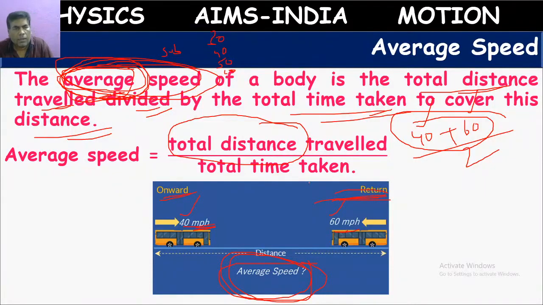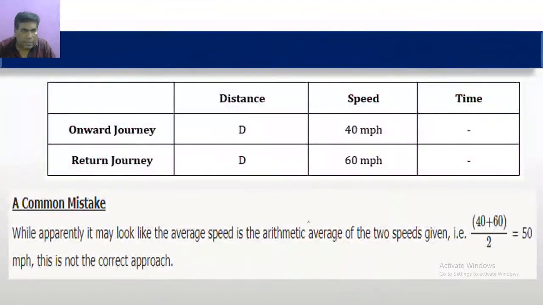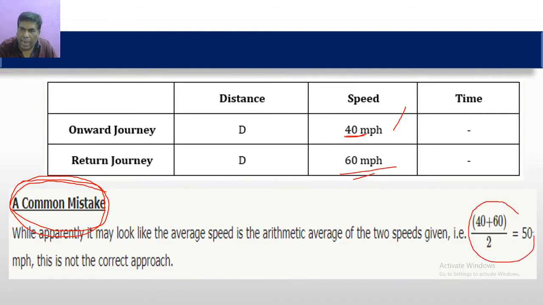So one common mistake is this: because onward journey speed is 40 miles per hour, return journey 60 miles per hour, we will add both and divide by 2 and tell the answer 50.